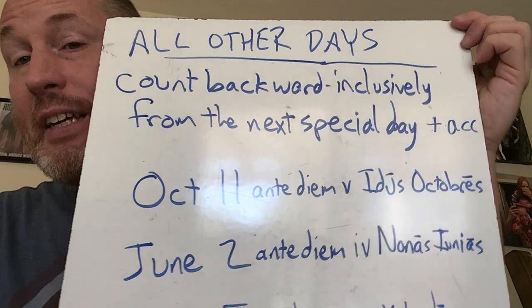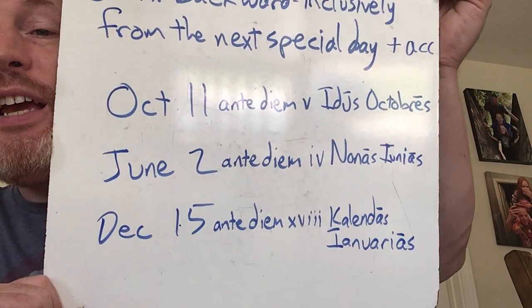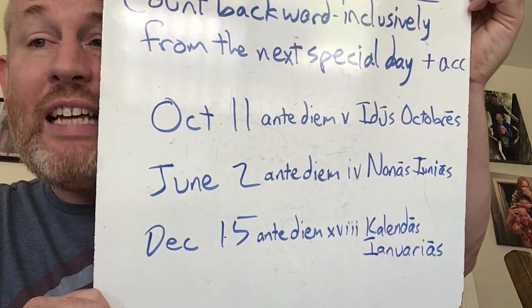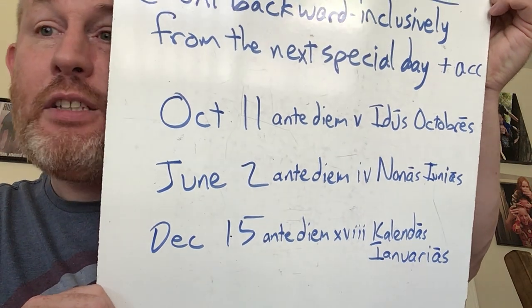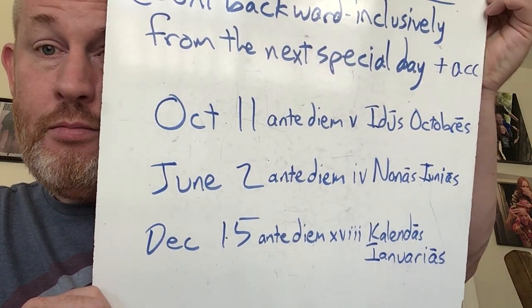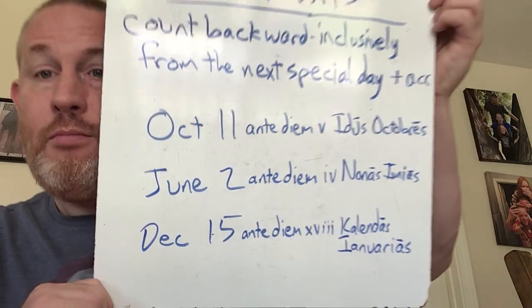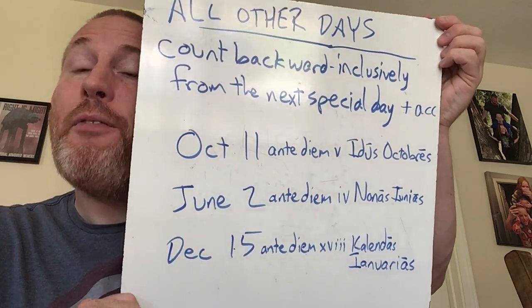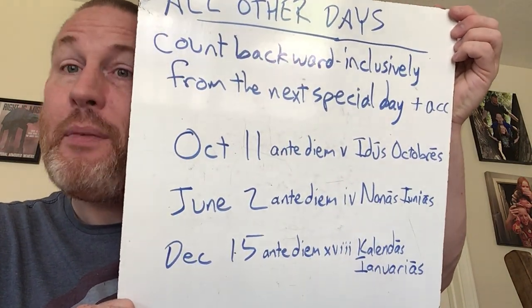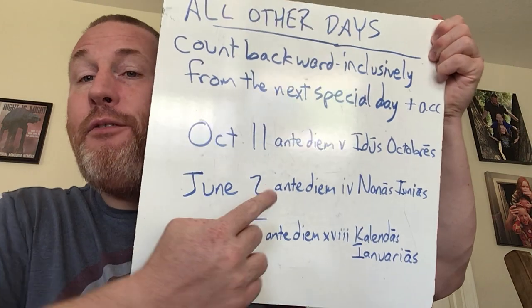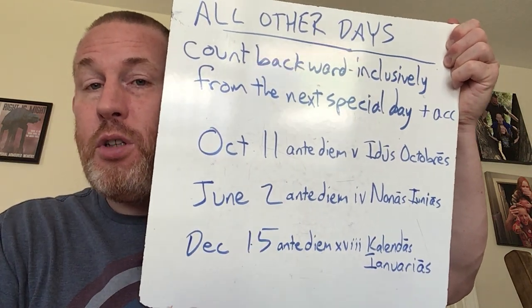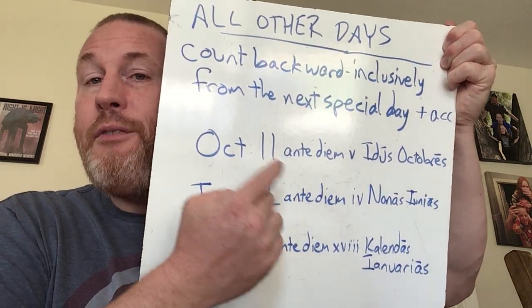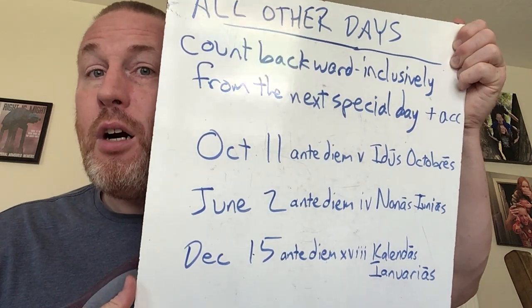That makes it 18. Ante diem duodevicesimum Kalendis Ianuariis. It's the 18th day before the Kalends of January. That's how you would read it. It's the 4th day before the nones of June. It's the 5th day before the Ides of October.